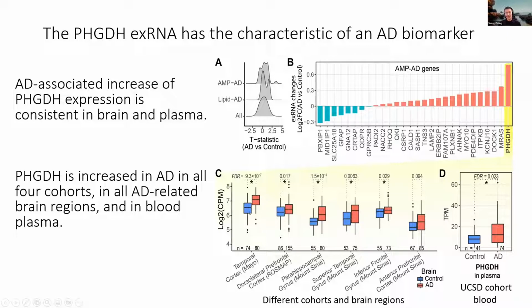You see that this gene is consistently upregulated in AD in nearly every cohort analyzed and every AD-related brain region analyzed. These were from 3 previous cohorts. And in our cohort here in panel D, you see that the extracellular RNA level is consistently higher in AD blood than control.